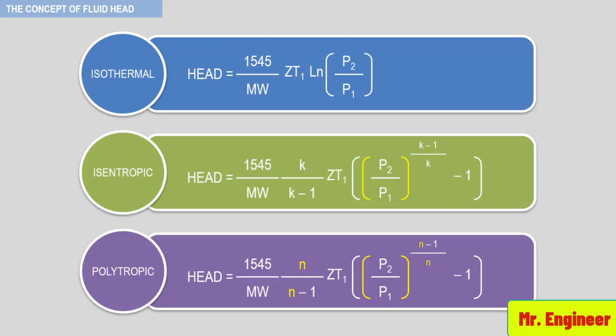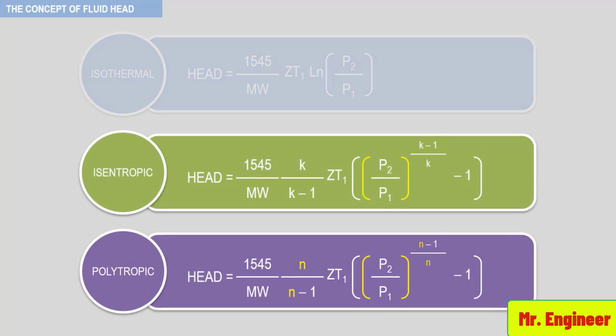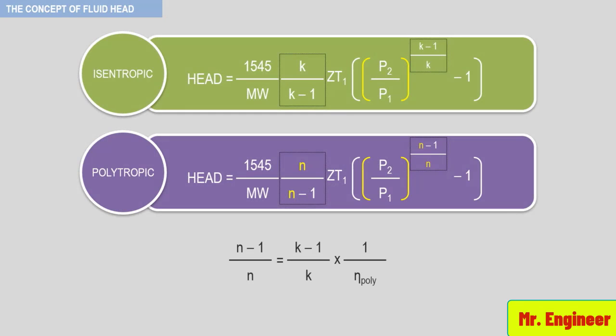Note here that the only difference between isentropic and polytropic head is the values K divided by K minus 1 and N divided by N minus 1. Also note that these two values are related by the following formula.